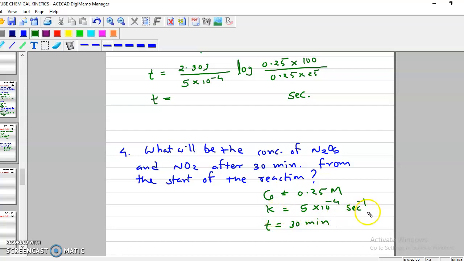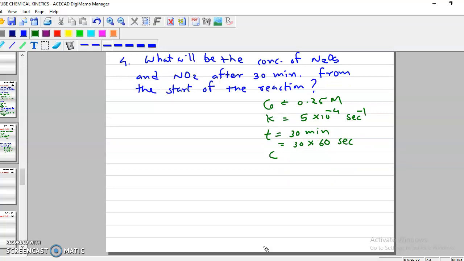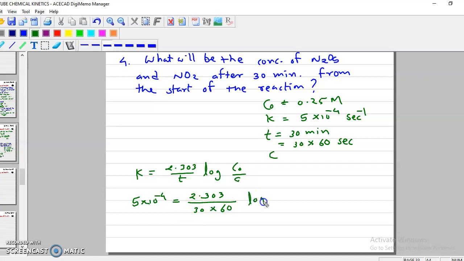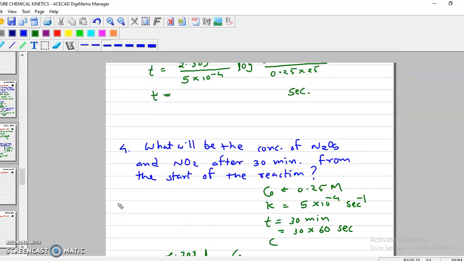As the unit of K is second inverse, you have to convert these minutes into seconds, so 30 into 60 seconds, and then you have to find out C. So again you have to put the integrated rate law: K is equal to 2.303 upon T log C0 upon C. If you put in all the values, we get 5 into 10 raised to minus 4 is equal to 2.303 upon 30 into 60 log 0.25 upon C. Now we want to find out C.